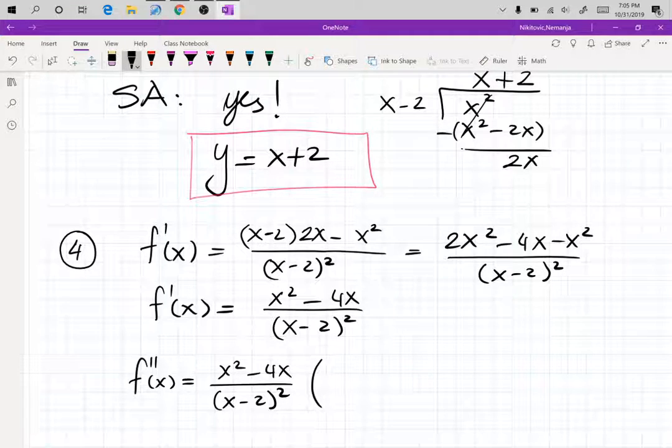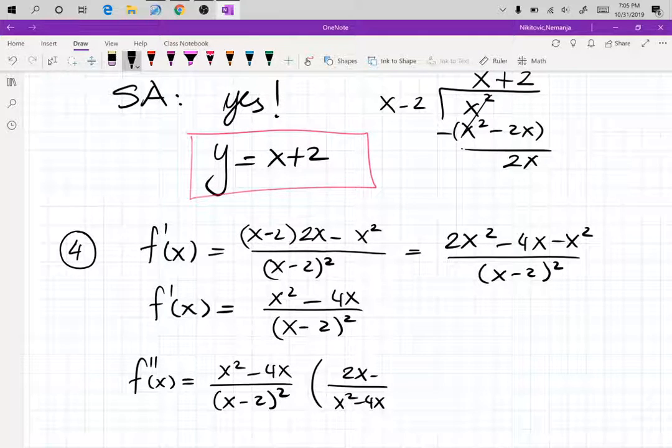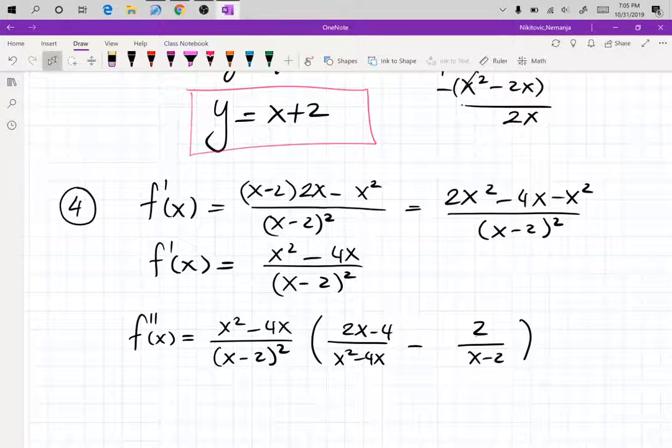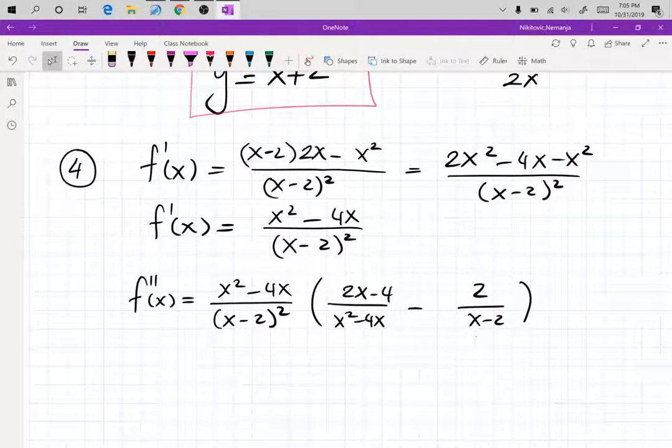In the parenthesis over here, we have the top function, which would have the x squared minus 4x with 2x minus 4 on top, and then minus 2 times x minus 2, and then a 1, so that 2 can go up there. And yep, that's it. So we're done. Those are the derivatives.